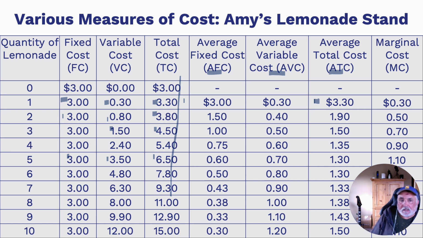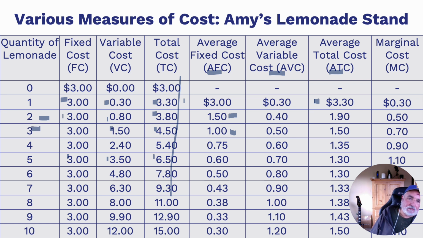All right, the next day you come in, your fixed costs don't change because it's $3 every single day. But now we're making 2 units of lemonade. So now we divide the fixed cost, which is $3 every single day, by 2. So you get $1.50. The next day it's still $3, but now it's divided by 3.